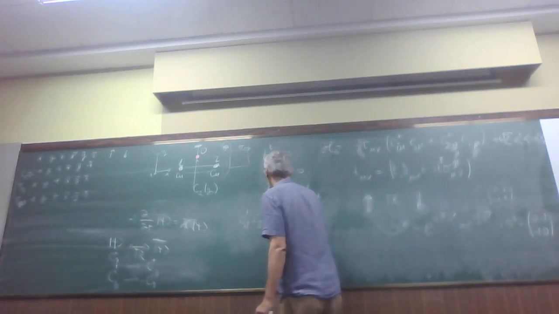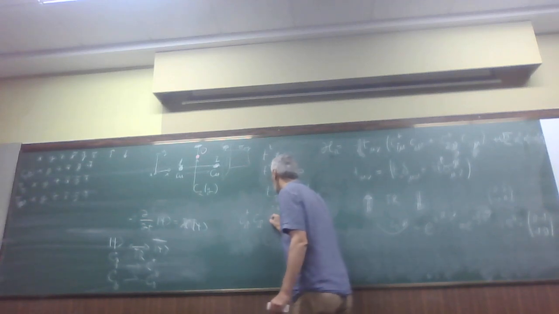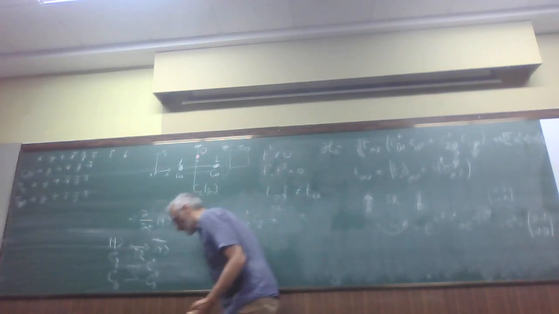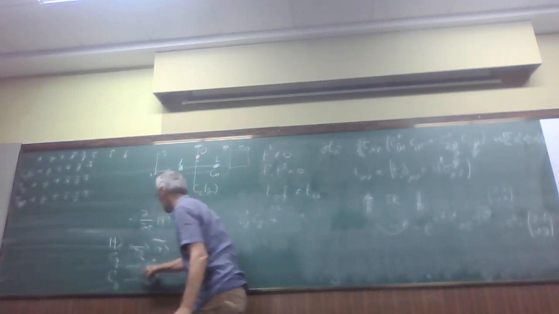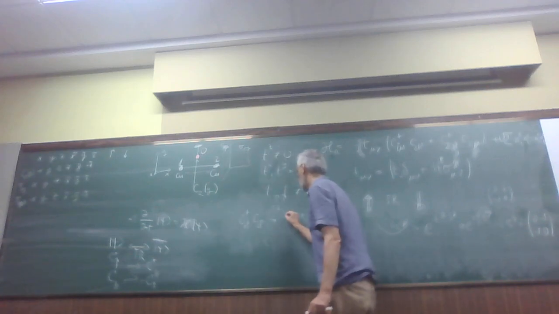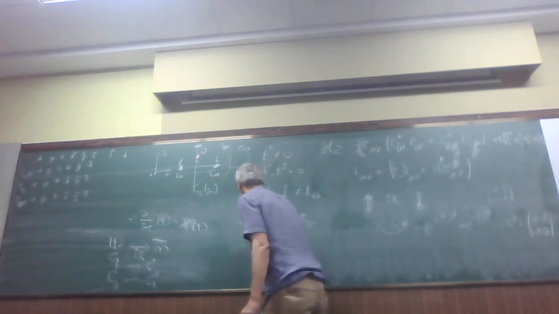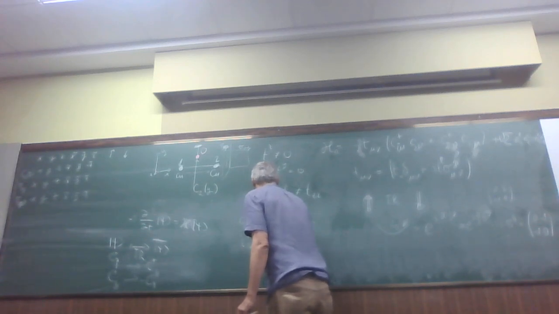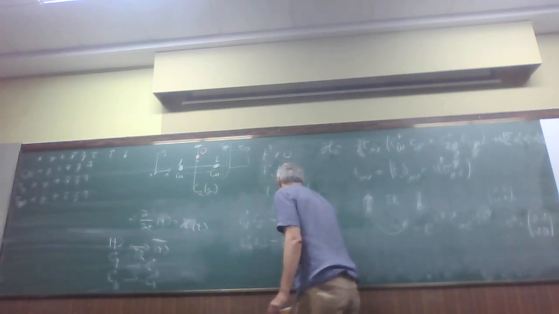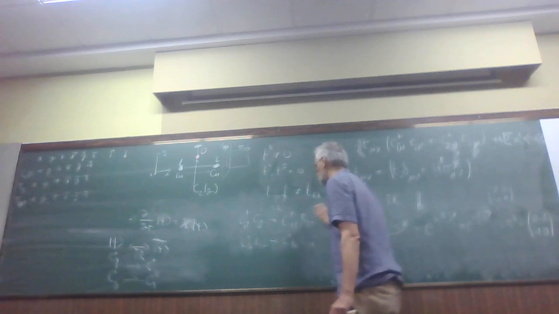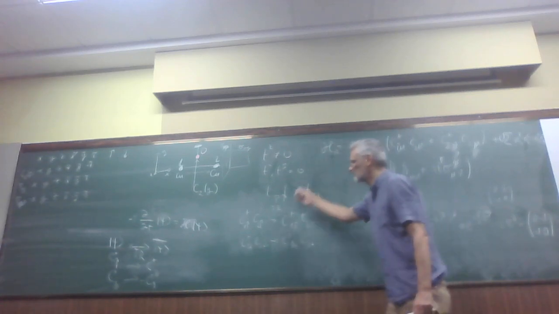Let's apply the time reversal. Actually, the time factor won't be important here. It will be just C dagger 1 up, C2 up, and C dagger 1 down, C2 down, which will just become C2, C1 down. So nothing really happens under time reversal.